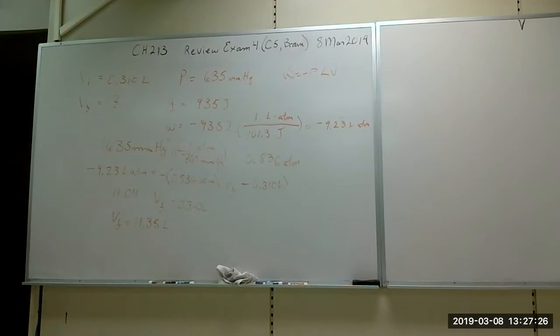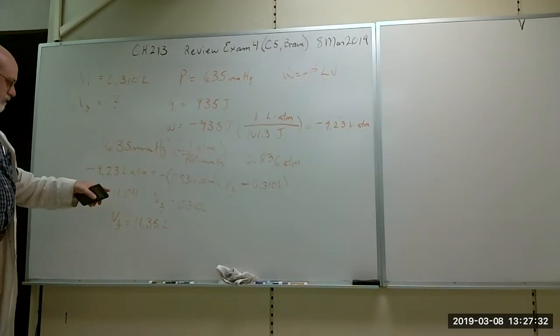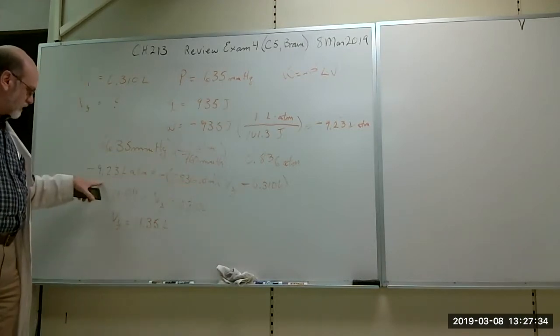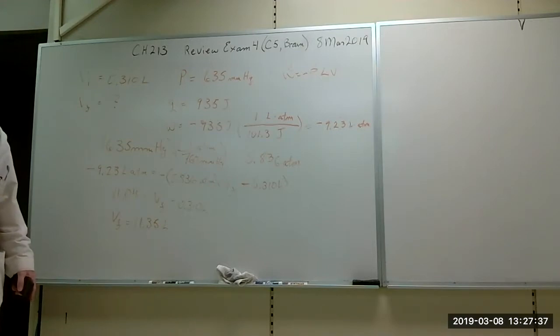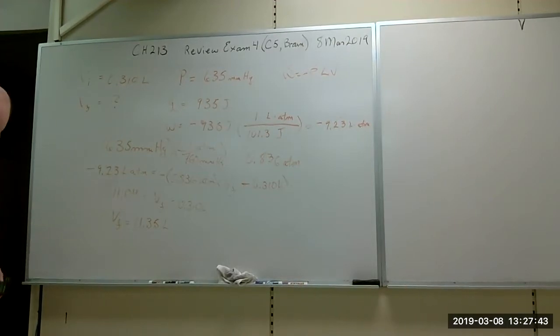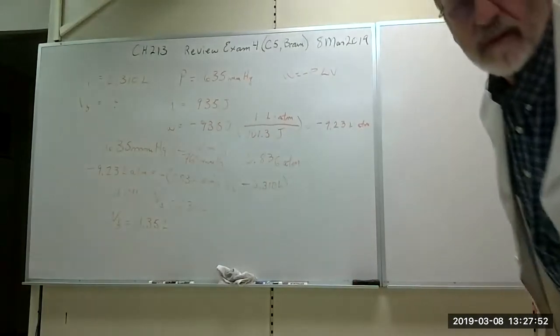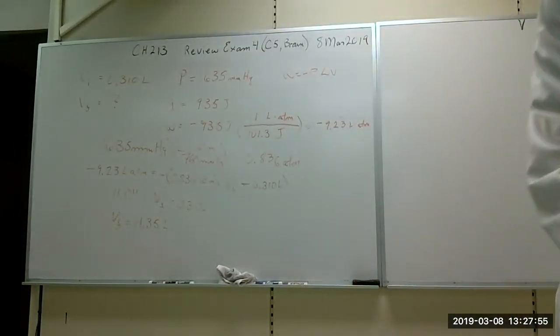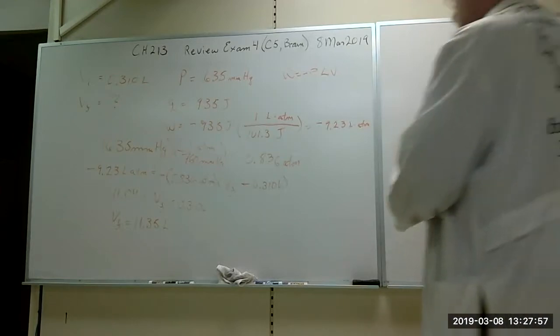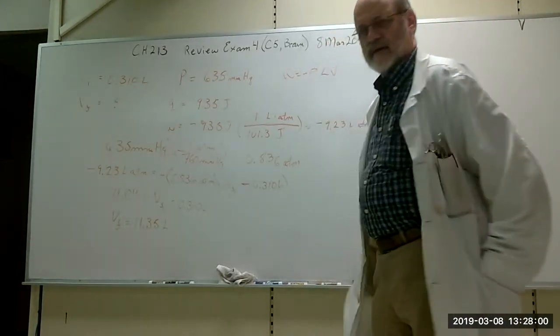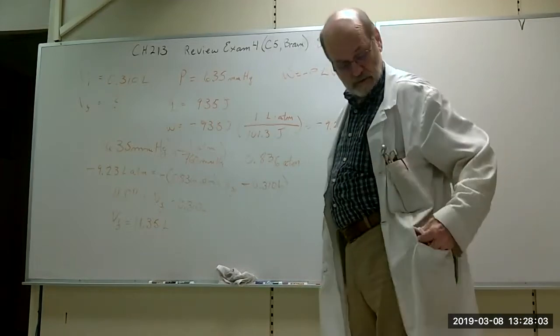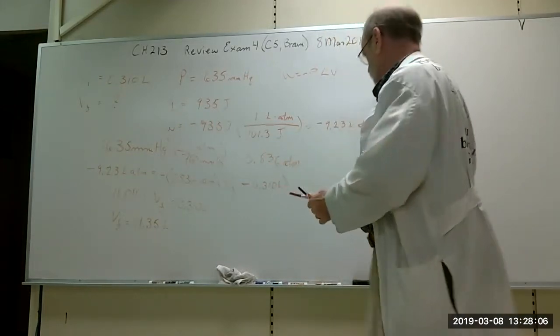Okay. The sheet says 11.4. Oh, divide this one into that one. Okay. Is that showing up? Just barely. Not a good color for this. Okay, anything else?